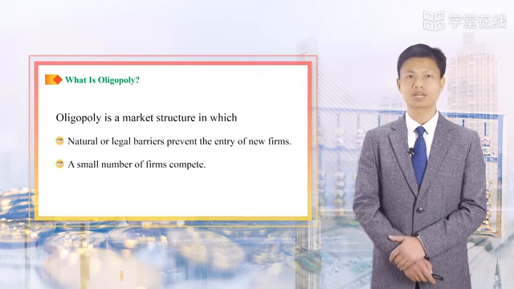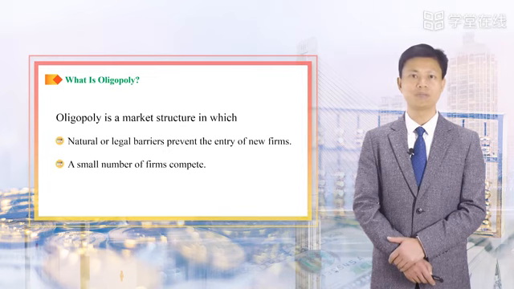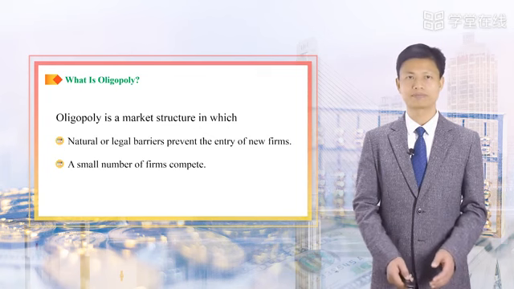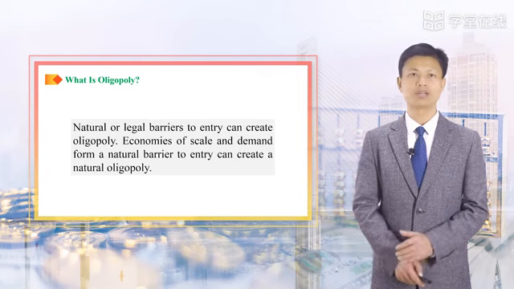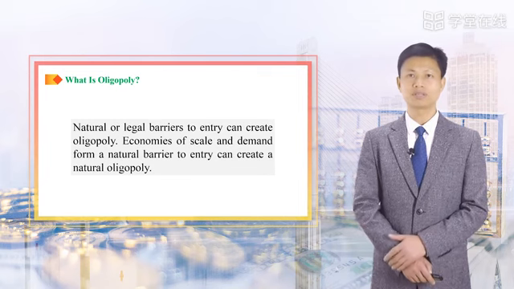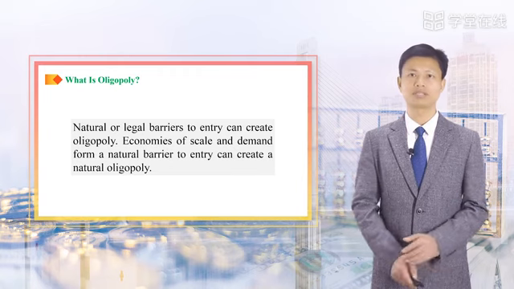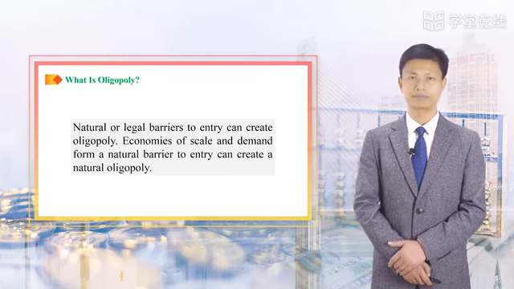Oligopoly is a market structure in which natural or legal barriers prevent the entry of new firms, and a small number of firms compete. Natural or legal barriers to entry can create oligopoly. Economies of scale and demand form a natural barrier to entry that can create a natural oligopoly.